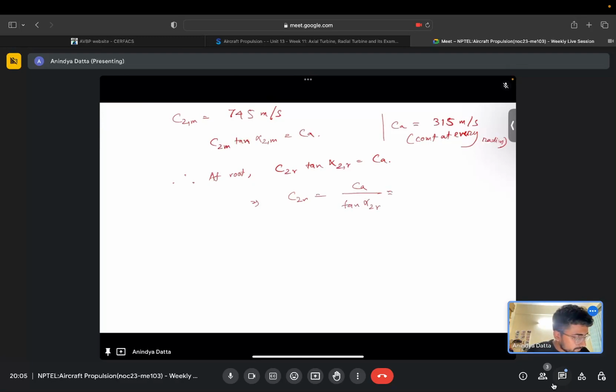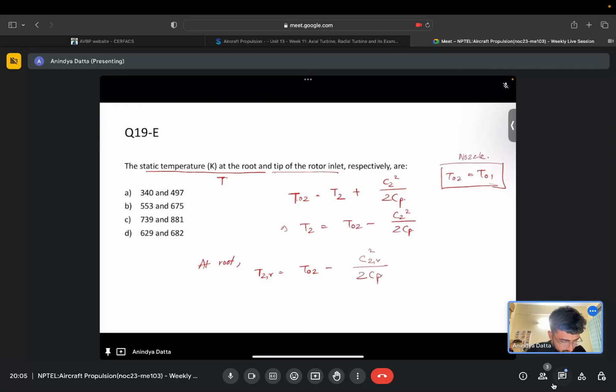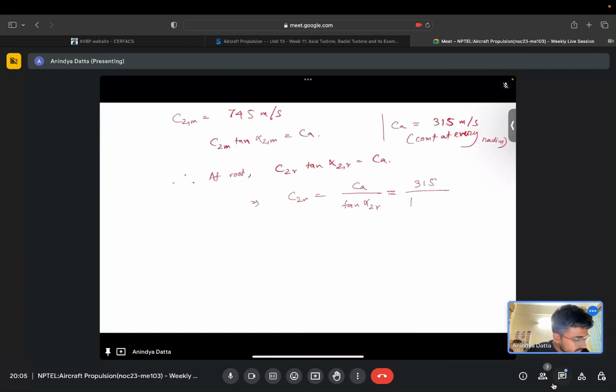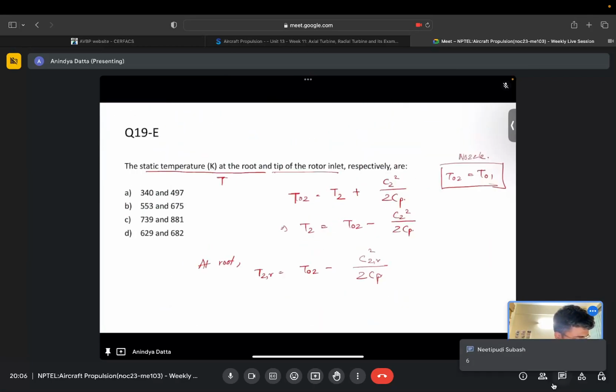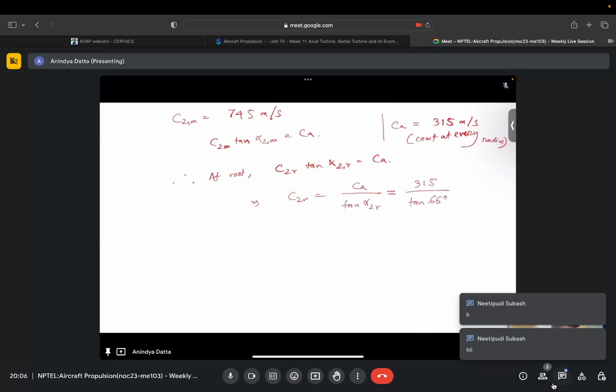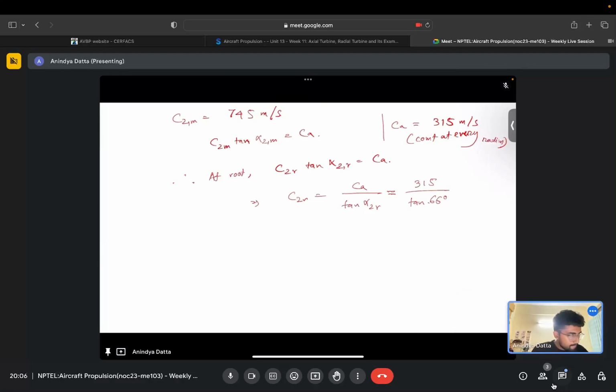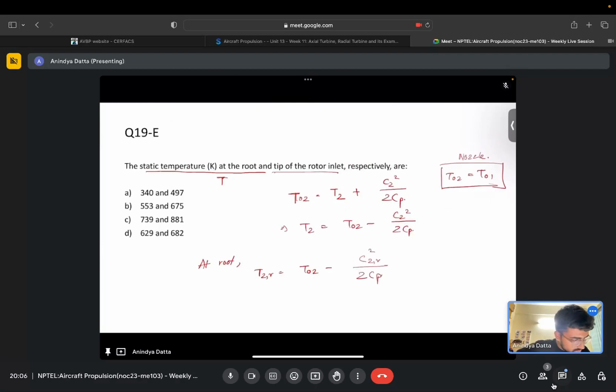Ca is 315, and alpha 2R we computed as 66 degrees. So we get 315 divided by tan of 66, which is 140.25 meter per second. No, I made a mistake, sorry.